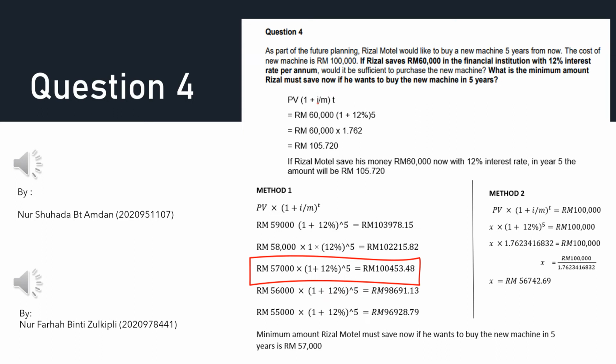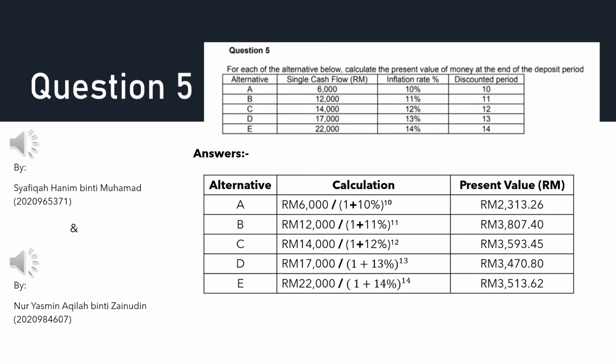So the answer for X is 56,742.694. For the second method, the minimum amount Rizal must save to buy a new machine is RM 56,742.69.